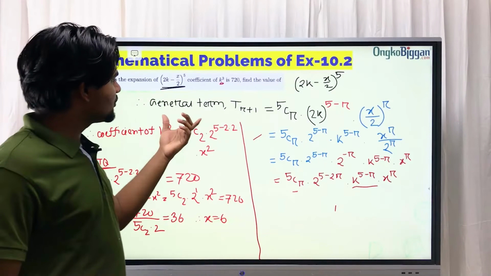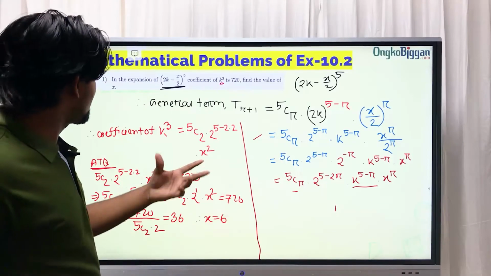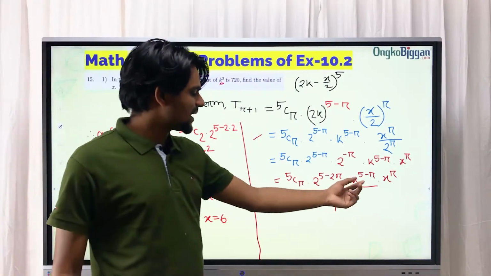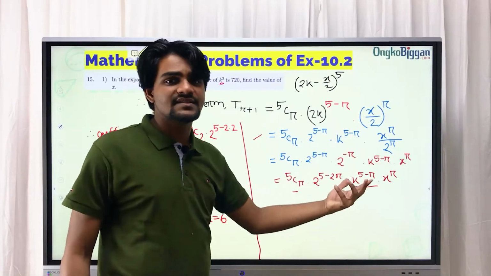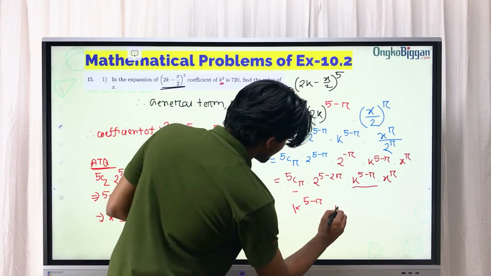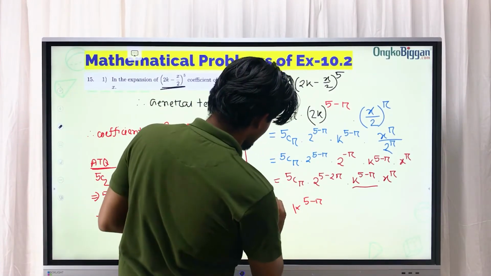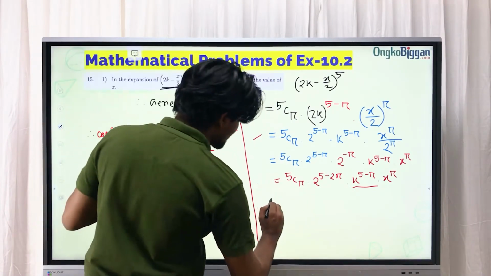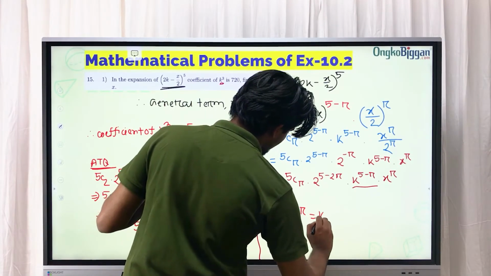Basically, you first need to find the general term of the expansion. After doing that, you find the value of r by writing k to the power 5 minus r is equal to k cube.